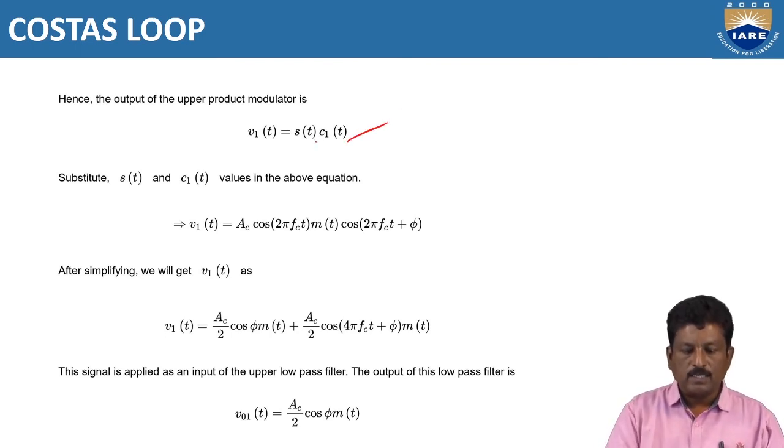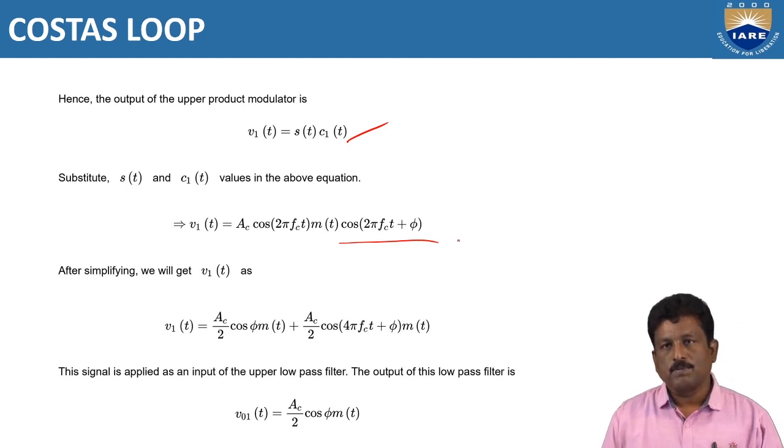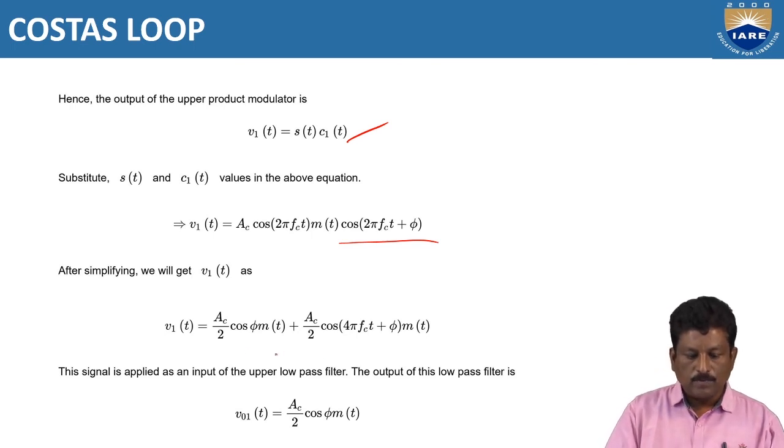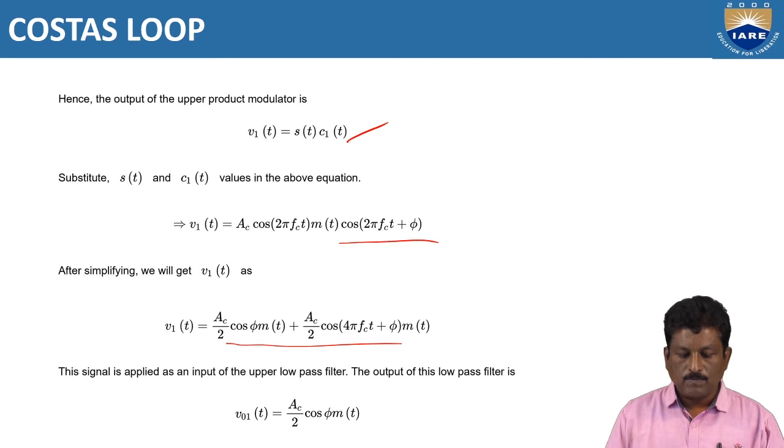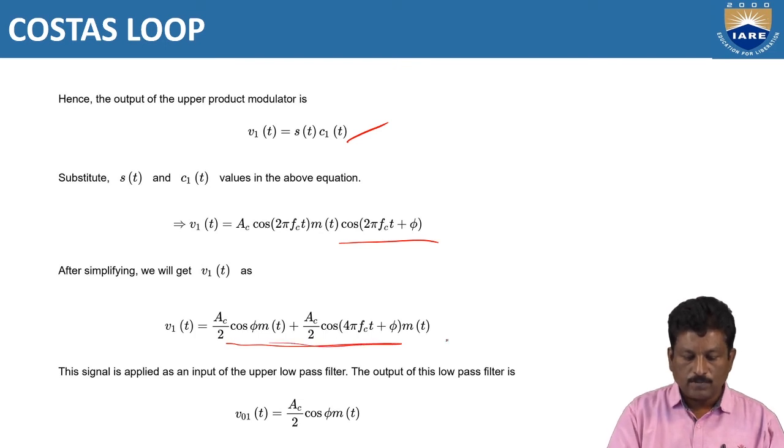By taking the values of S(t) and C1(t), we get V1(t) equal to Ac cos(2 pi fc t) m(t) cos(2 pi fc t plus phi), given directly to the I channel. We get the output by using the cos A cos B formula: Ac/2 cos(phi) m(t) plus Ac/2 cos(4 pi fc t plus phi) m(t). There are two terms.